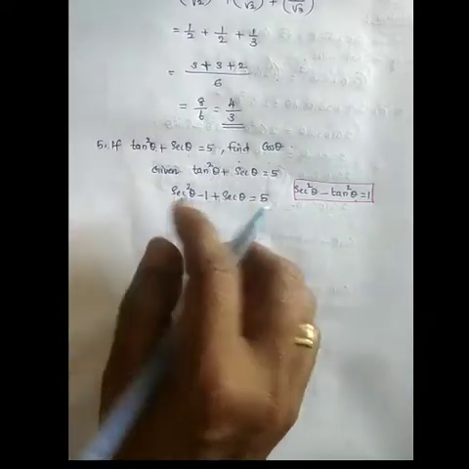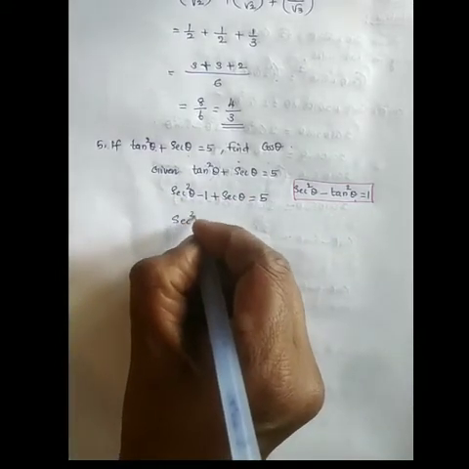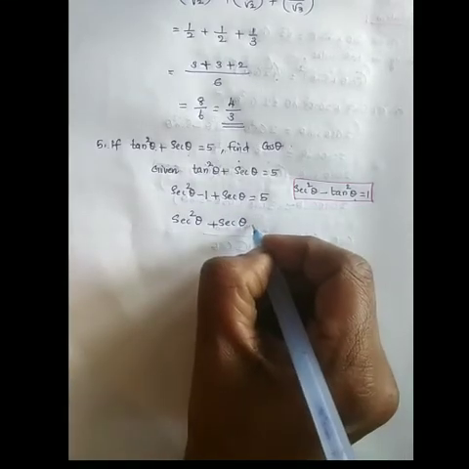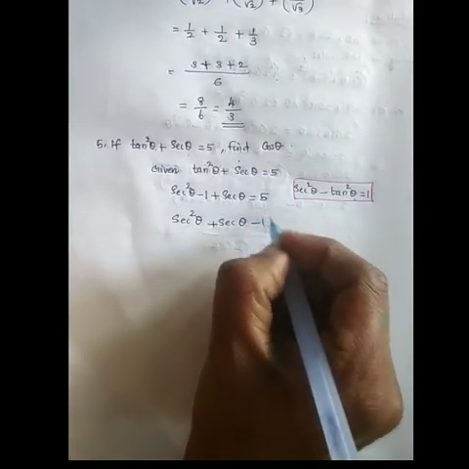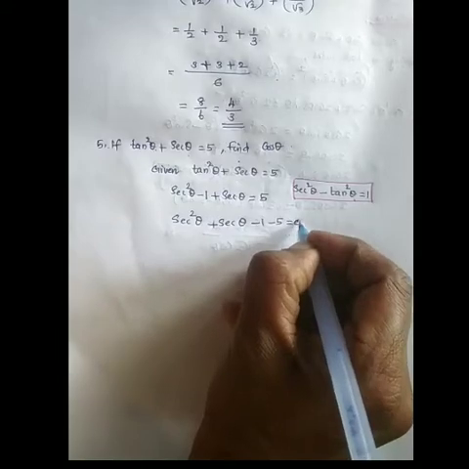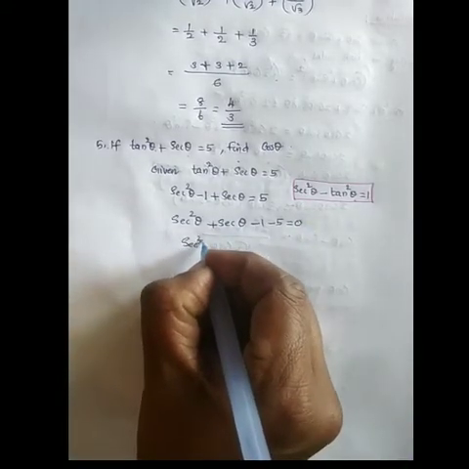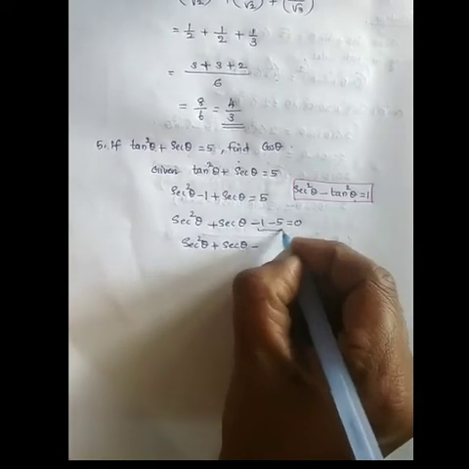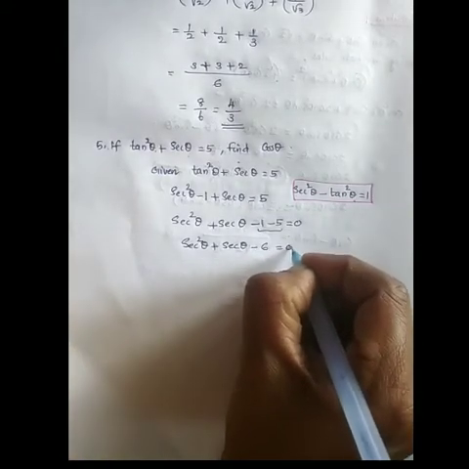Then, on rearranging this equation, sec square theta plus sec theta minus 1 minus 5 equal to 0. That is sec square theta plus sec theta minus 6 equal to 0.